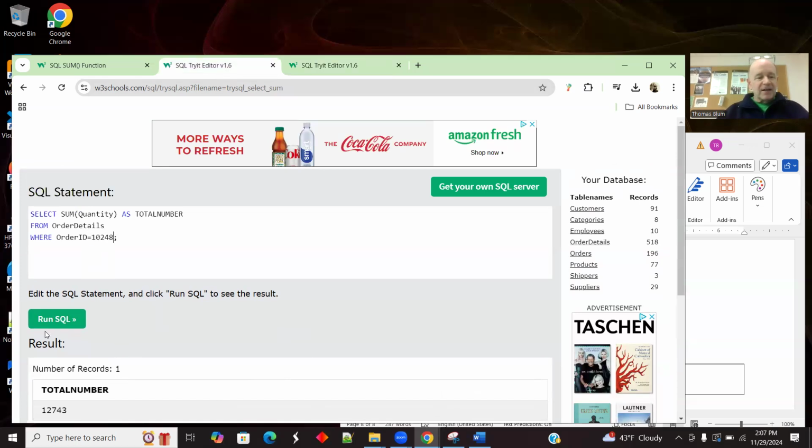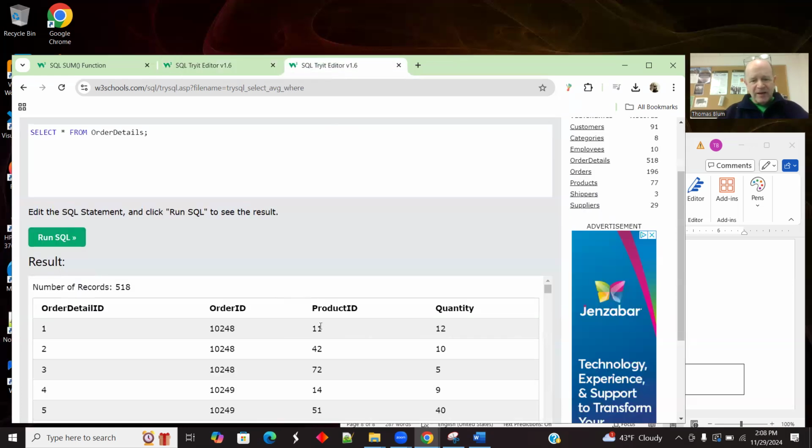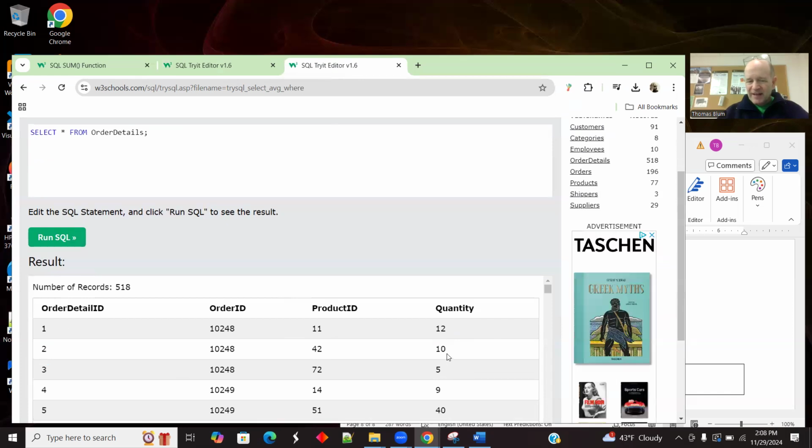And that will get us the number of products sold in that particular order. So 27. Here's the quantity 12, and 10248 is these first three rows, and it's 12 and 10 and 5. So that is the 27.